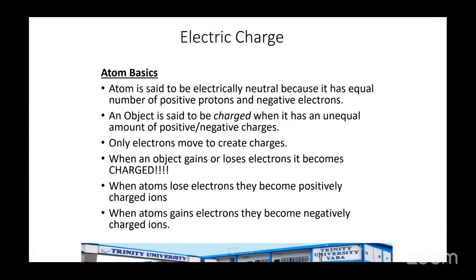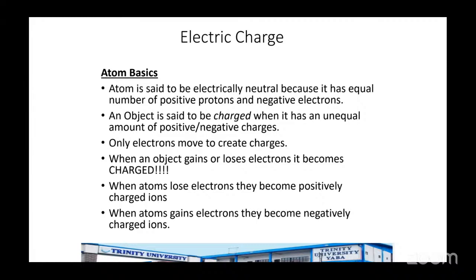If they are not balanced, if either positive charges are higher in number than negative charges in an atom, or the negative charges are more than the positive charges, that atom or object or material will be said to be charged.